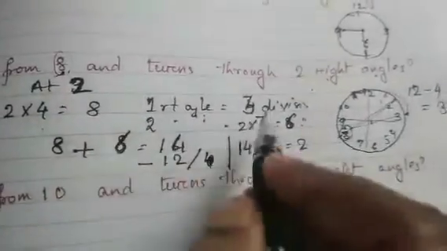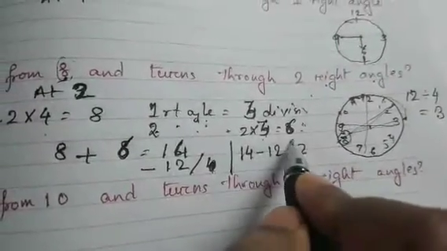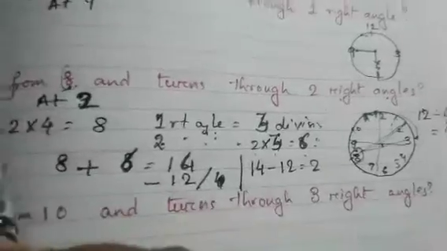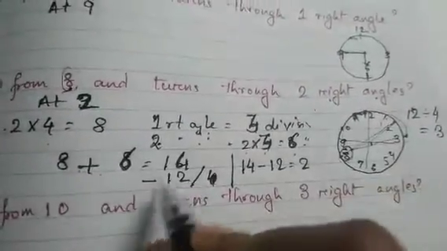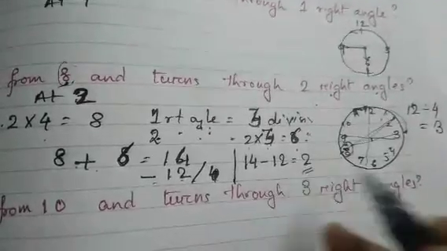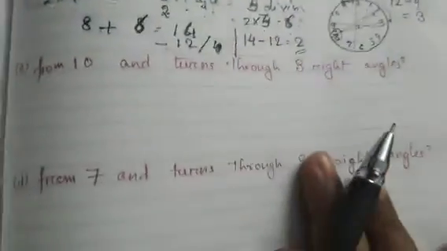So 1 right angle is 3 divisions. So 2 right angles means 2 into 3, that is 6 divisions. And now if you do 8 plus 6, it is 14. As it is more than 12, 14 minus 12, it is 2. So it is at 2. As we were doing, we got the answer.